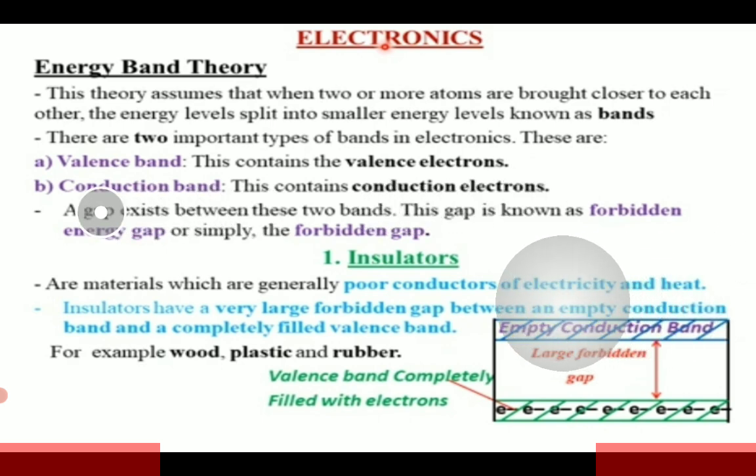So between these two bands, the valence band and the conduction band, there is a gap. A gap is also called a separation. So a separation or a gap exists between these two bands. What are we saying?